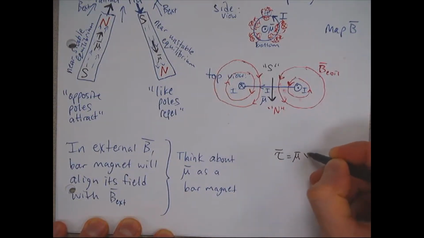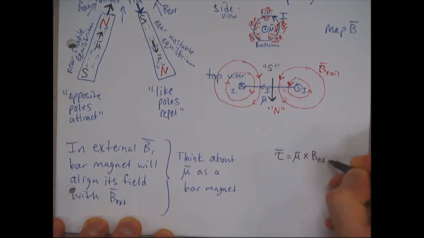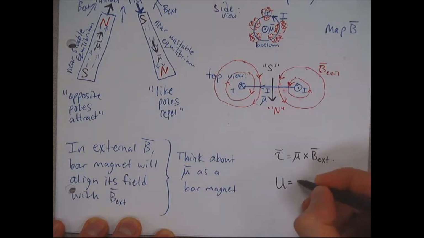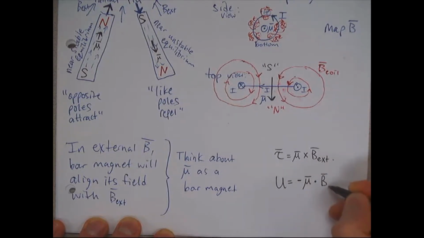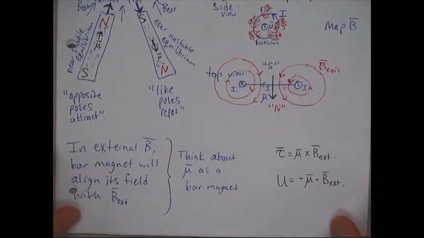So in class we discussed that the magnetic dipole would feel a torque in an external B field, and it represents potential energy U, which is the negative dot product, U equals negative mu dot B, just like we saw for the electric dipole.